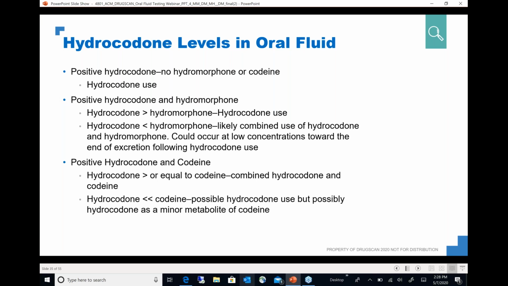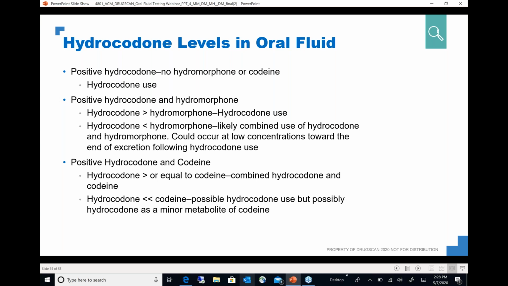You may see very low levels of hydrocodone and hydromorphone at the end of the metabolism and excretion cycle. Positive hydrocodone and codeine. Hydrocodone greater than or equal to codeine, indicative of combined hydrocodone and codeine use.